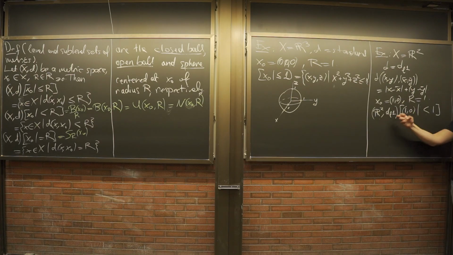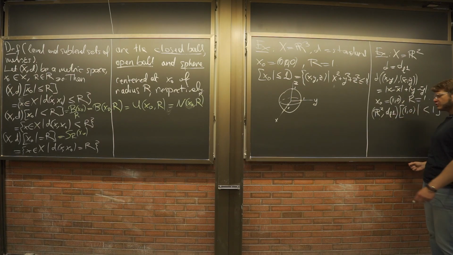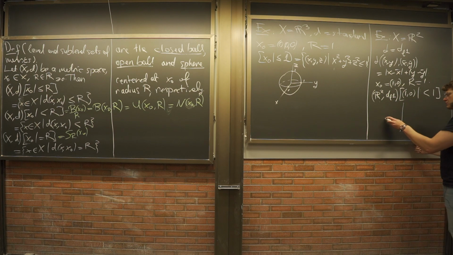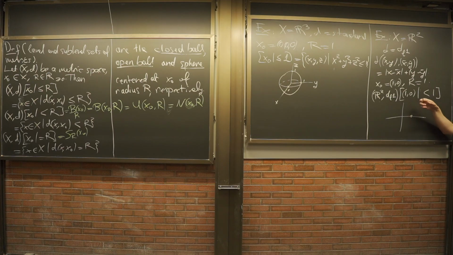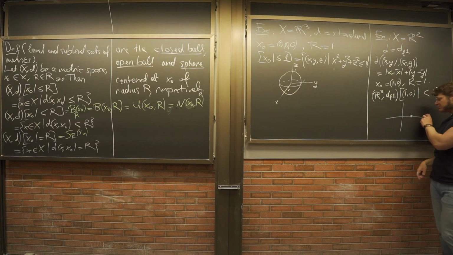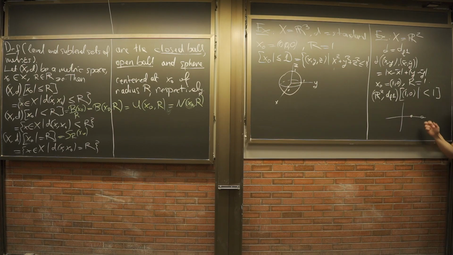The center is always included in an open ball. That's the center, 1, 0. So for instance, if I were to look at 2, 0, the distance between 1, 0 and 2, 0, when you compute this, is again 1. That means that I cannot quite include 2, 0, but anything in between should be included.